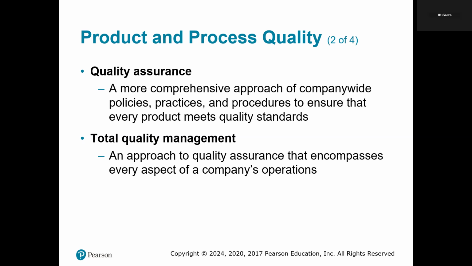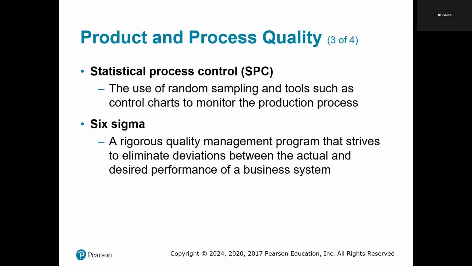For instance, in a hotel chain using TQM, not only would the housekeeping staff follow cleanliness protocols, but the front desk employees would also adopt procedures that enhance customer satisfaction. Quality assurance ensures process adherence, while TQM emphasizes a culture of excellence, making quality a shared responsibility across the organization.